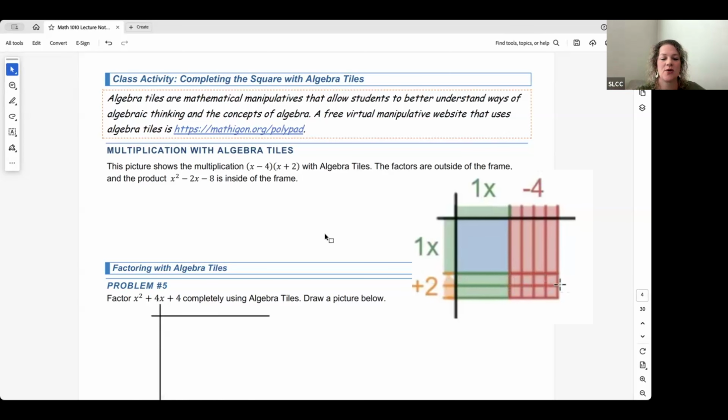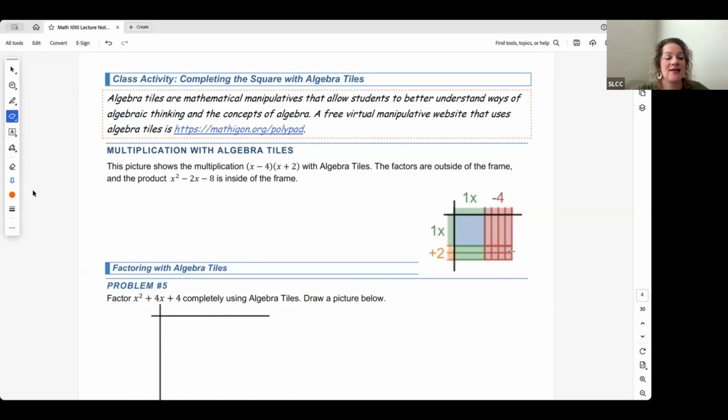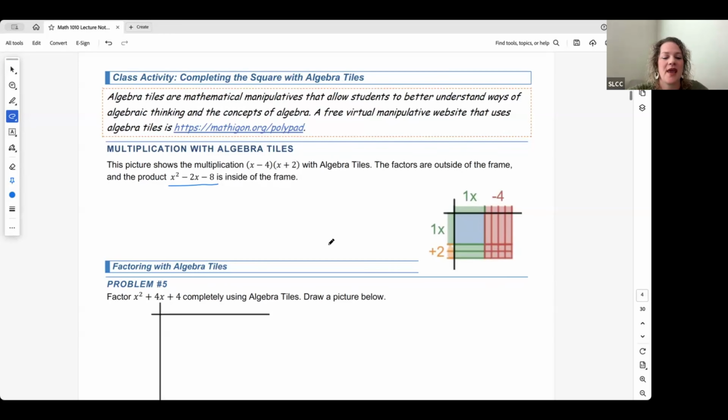All right, so how do I write this function? This quadratic is x squared minus 2x minus 8. So x squared minus 2x, so negative 4 plus 2 would give you a negative 2x, and then these right here, minus 8. So that's a way to look at it in this little picture.